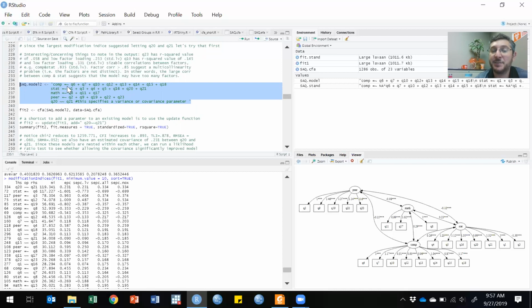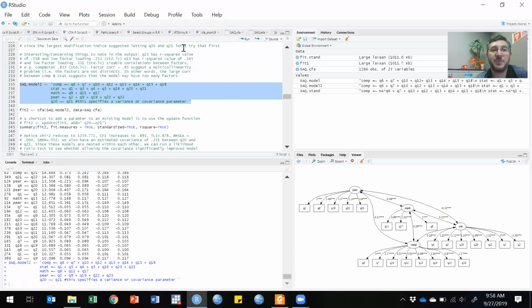Computer fear is being defined by question Q6, 7, and so on all the way down. Then all we're doing is at the end, adding Q20 two tildes Q21 to represent a covariance between Q20 and Q21. It's that easy. And I added a comment: this specifies a covariance between those.